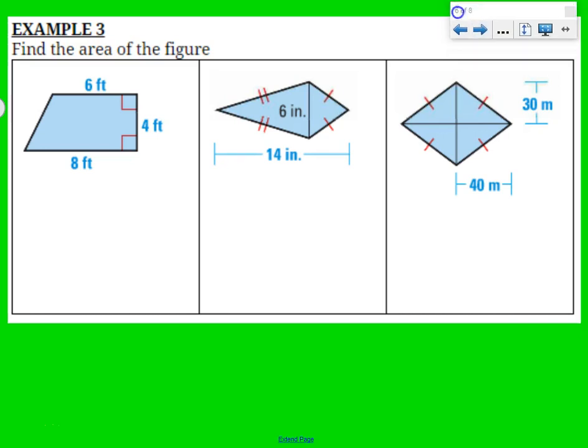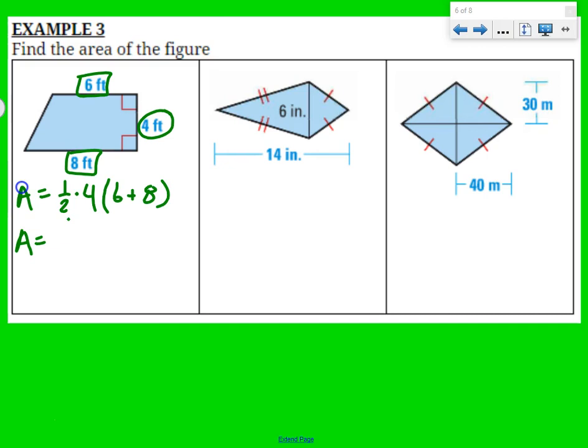So let's practice this. Find the area of the figure. Area of a trapezoid is 1/2 times your height, which here would be 4, times the sum of the two bases, which would be 6 plus 8. Area equals 1/2 times 4 is 2, times the sum of 6 and 8 is 14.